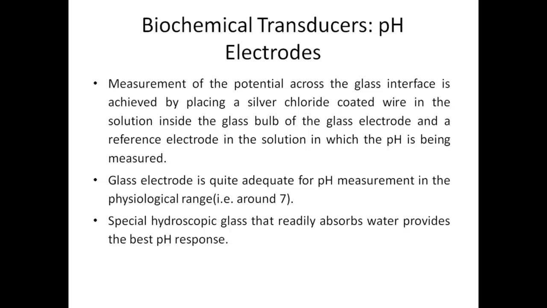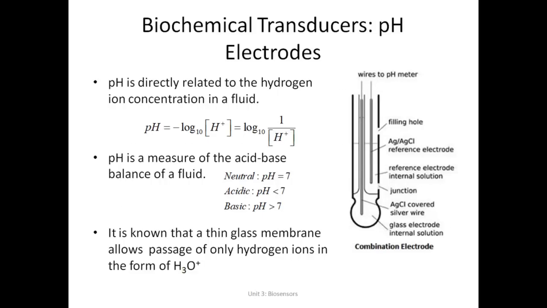be measured. If you see over here in the figure, this is the figure of a pH electrode. Here you can see there is one glass body within which we have two electrodes. The shorter one is the AgCl reference electrode.